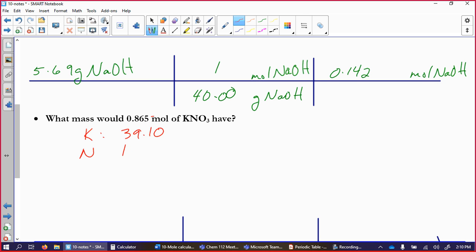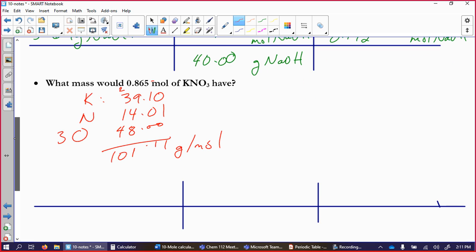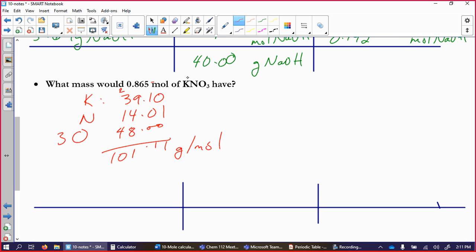Nitrogen is 14.01. 3 oxygens, 3 times 16 is 48. 0.11, 17, 21. Carry the 2, 9. So potassium nitrate weighs 101.11. If you have 100 grams of it, you have a mole. How many grams would you have if you have 0.865 moles?